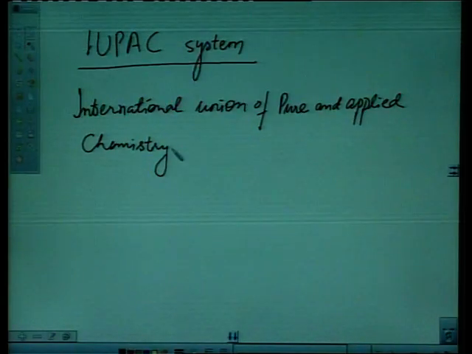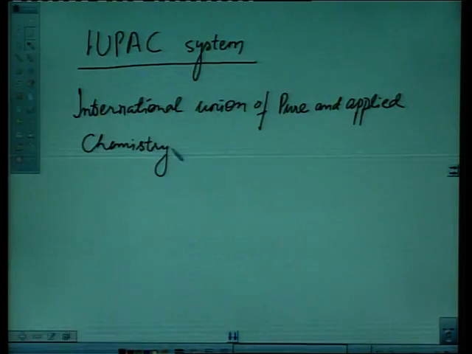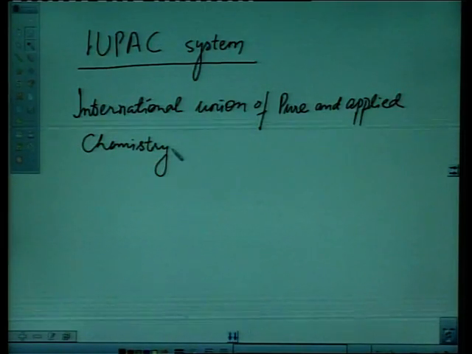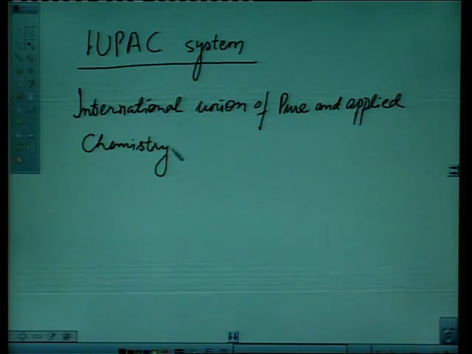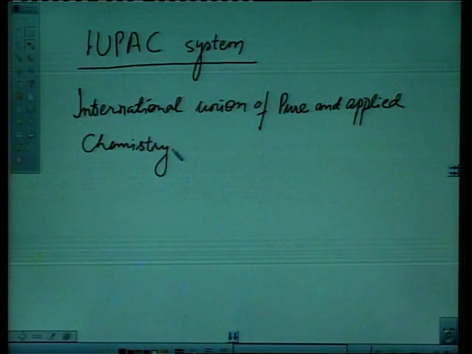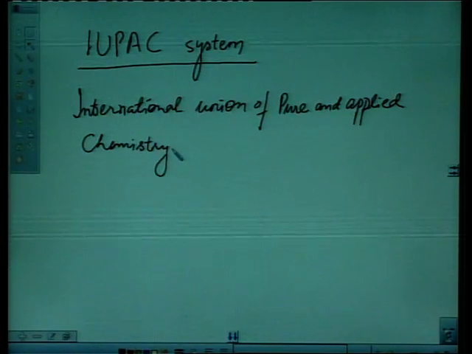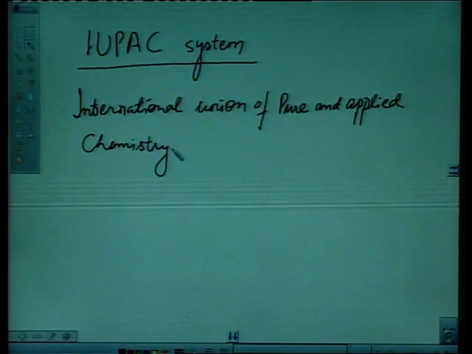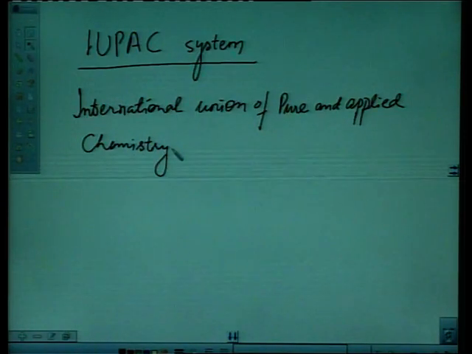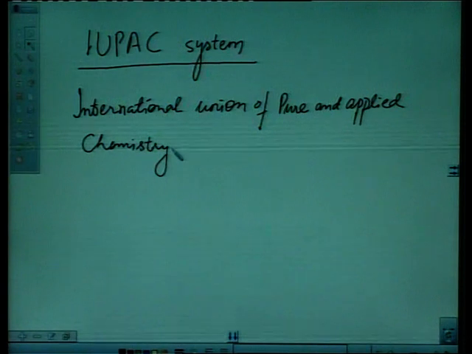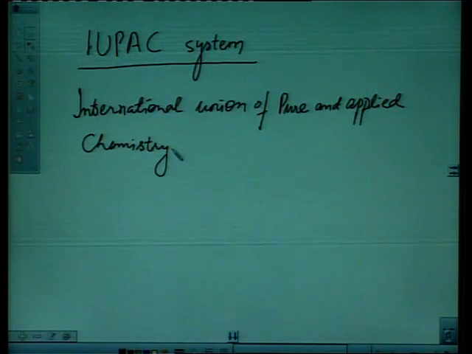Its head office is in Geneva, and it provides names to different compounds according to specific rules. This is a modern system used all over the world. It forms standard rules, revises rules, and a specific name is given to a specific compound.